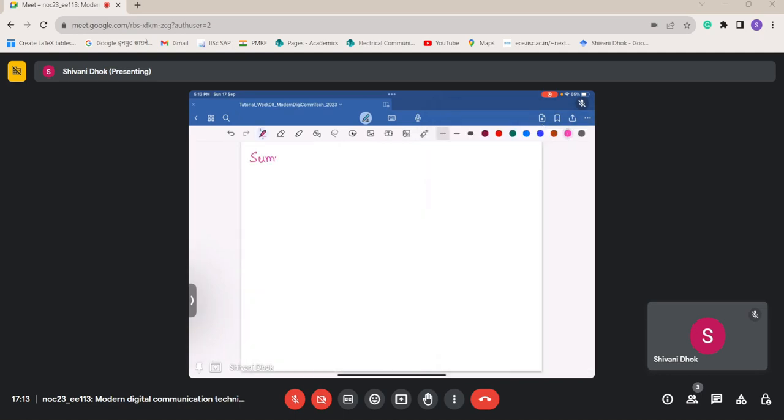Summarizing, what we have is that this phi_I of m is equal to 2 if m equals 0. If m equals 1, it is minus 1.